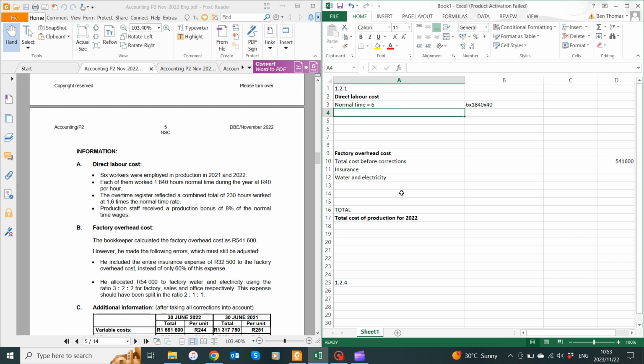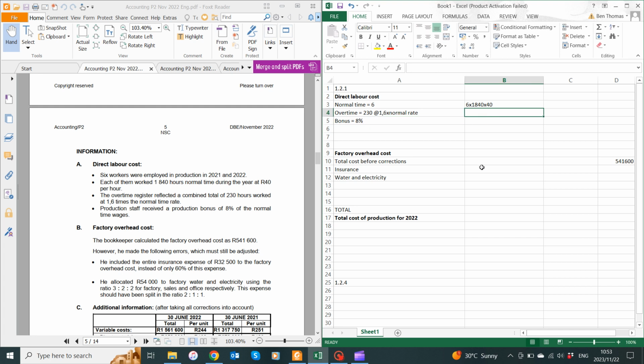Then we have overtime, which equals 230 hours worked at 1.6 times the normal rate, which, as we know from before, is 40 Rand. Then we have a bonus for the production staff, which is 8% of normal time wages. So over here we're going to have bonus, which equals 8%.